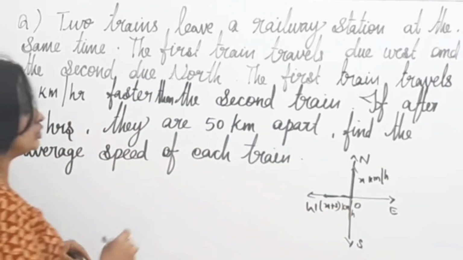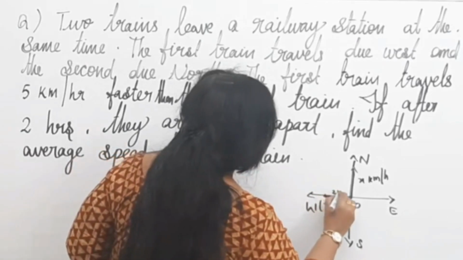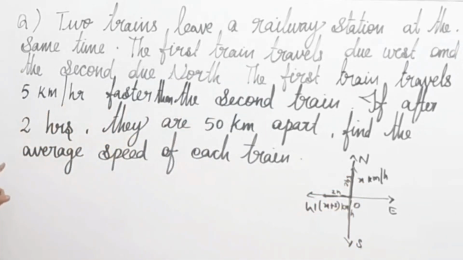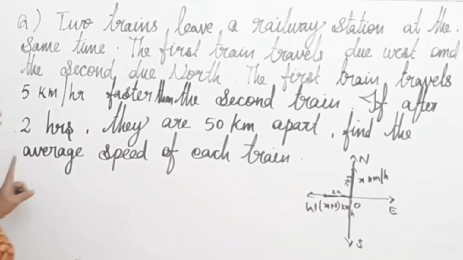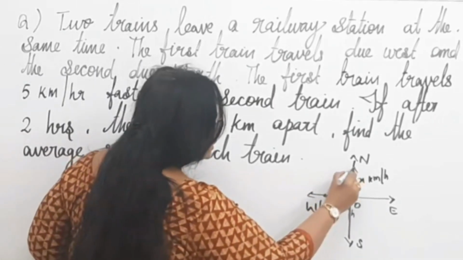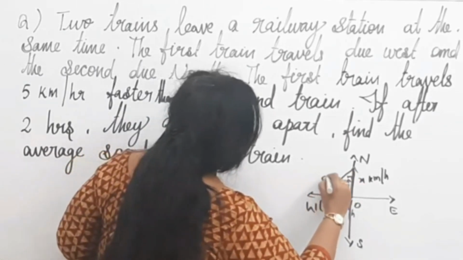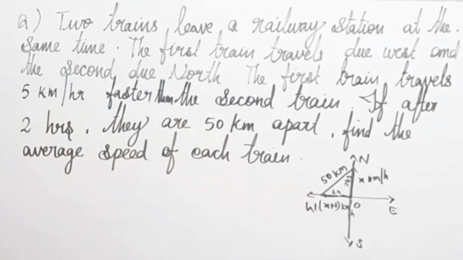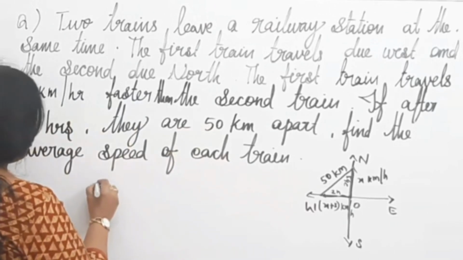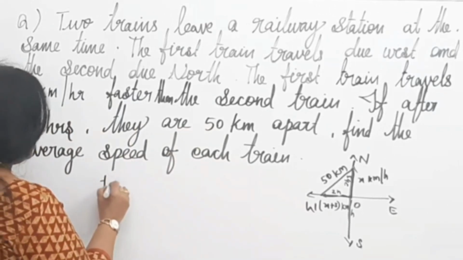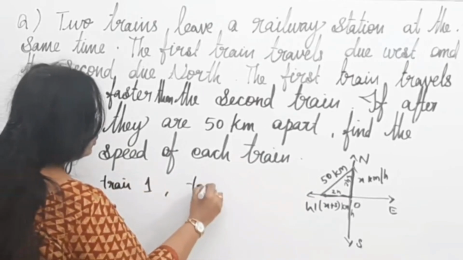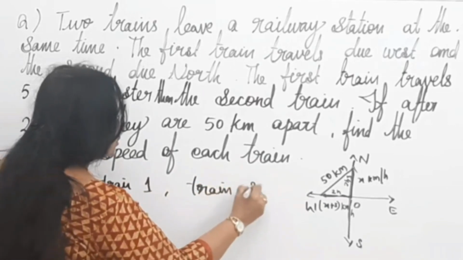After 2 hours, they are 50 km apart. Find the average speed of each train. So let the speed of train 1 and then train 2 be defined; you have to define the description.